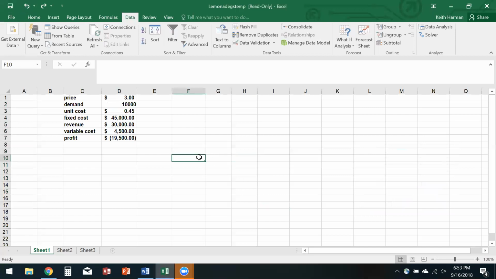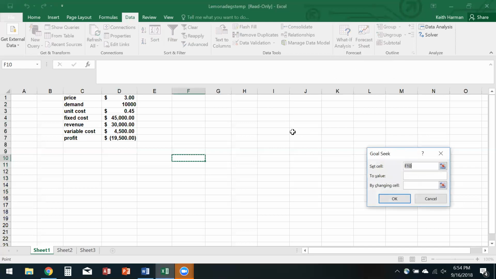And you say, Dr. Harmon, can I work with the price? Absolutely. Let's click on what if analysis, and I'll click goal seek. Okay. I want to set the cell to 0 by changing the cell, this time instead of demand, i.e. units sold, I'm going to set price.